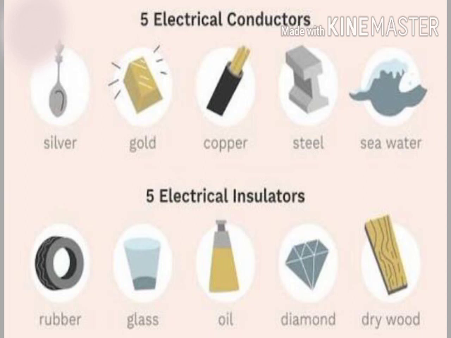Examples, all metals like iron, copper, aluminium, gold and silver. And insulator, the material which will not allow the current to pass through, is called an insulator. Examples, glass, plastic, rubber, wood and air.